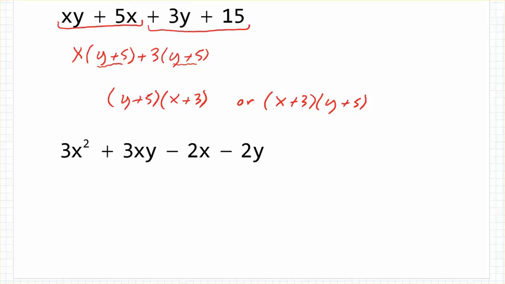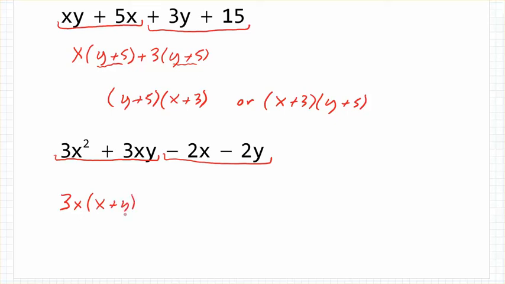In the last example here, same as before, while we might have 3's here and 2's here and oh, we have a bunch of x's, they're not anything common. So what we have to do again is look at the first pair and the second pair. So the first pair we can factor out a 3x, and that leaves us an x plus y.